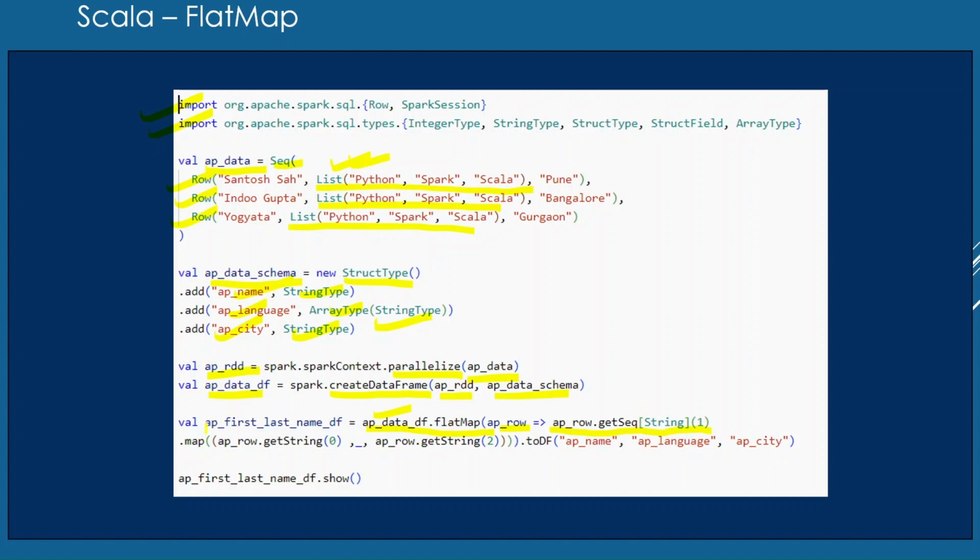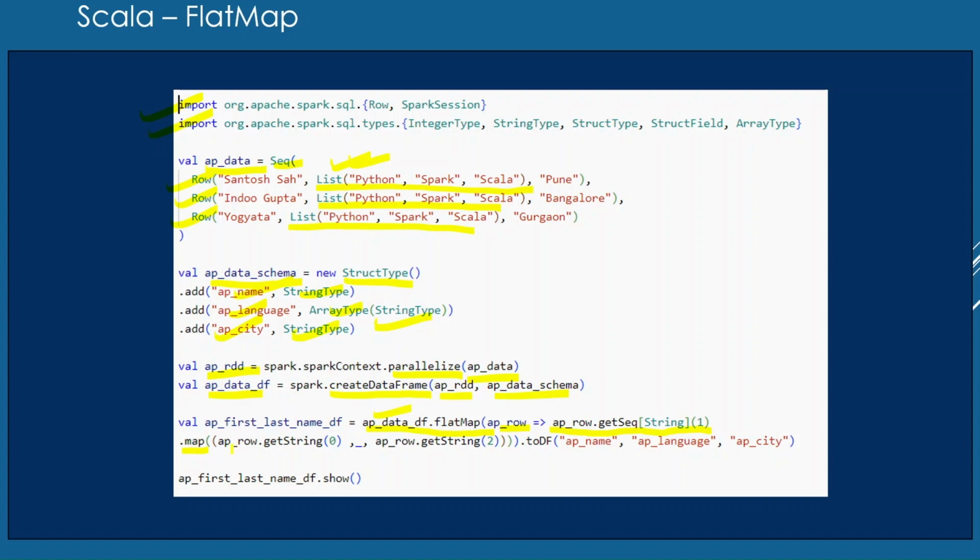On top of that, we are calling this map function. As we told you, FlatMap will be implemented over an array type column or map type column. Once we have this array, on top of the array I am calling this map function.